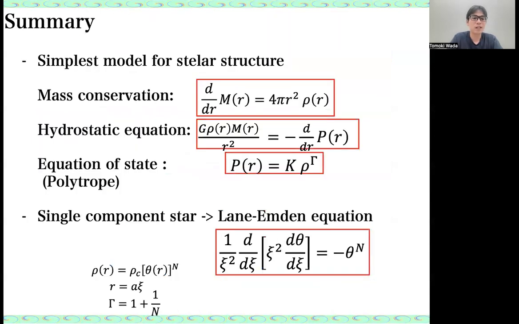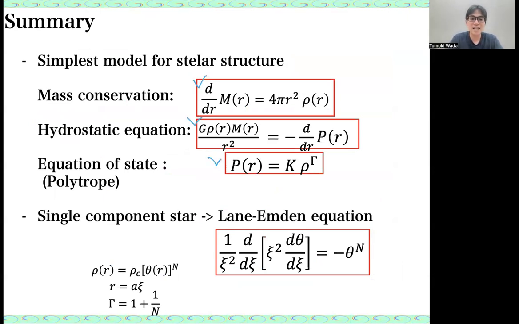Okay, here is a summary of these fourth and fifth movies. I introduced a very simplified model for stellar structure. There are 3 equations: mass conservation, hydrostatic equation, and equation of state.